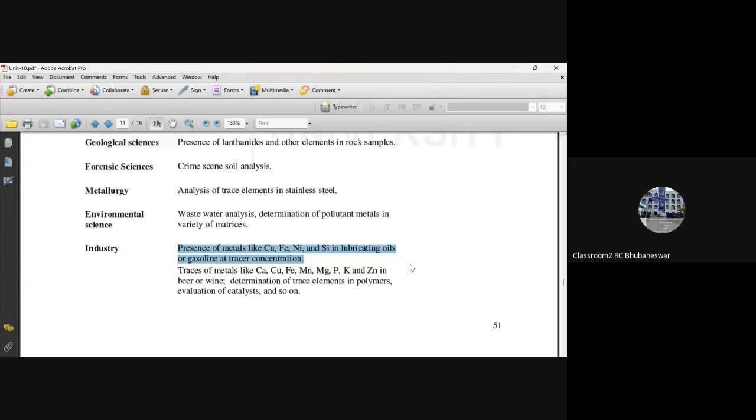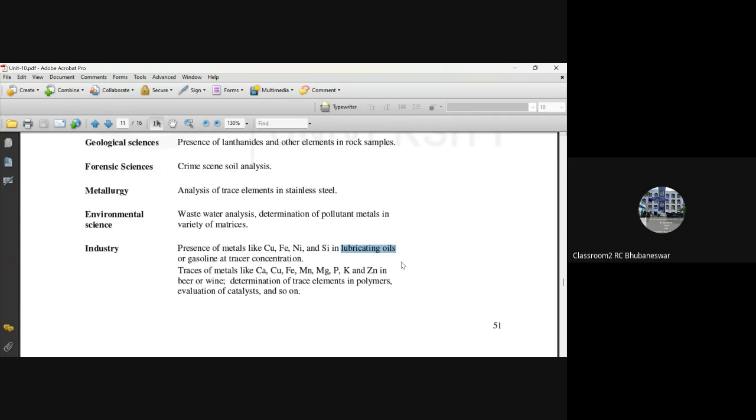Suppose my lubricating oil A is a pure one and lubricating oil B is an impure one. Impure means by adding certain impurities we are making the lubricant thicker and selling it in the market. Then that contamination you can also catch by doing this spectroscopic analysis.